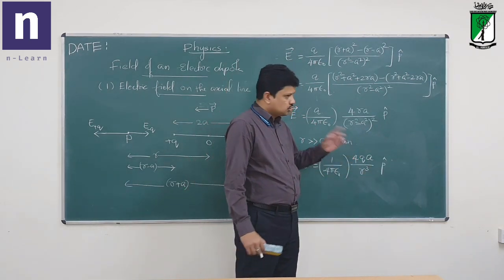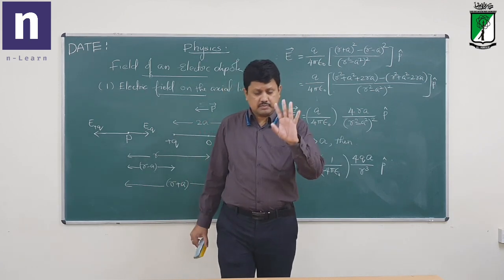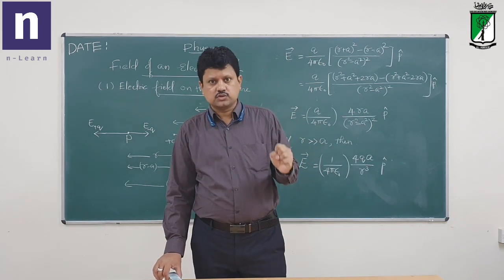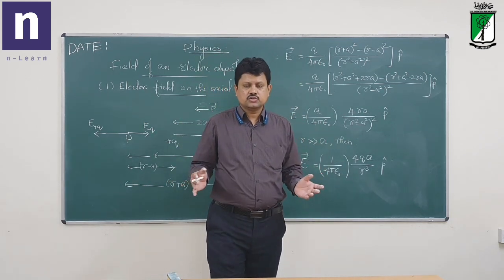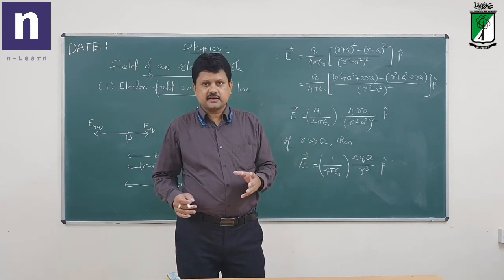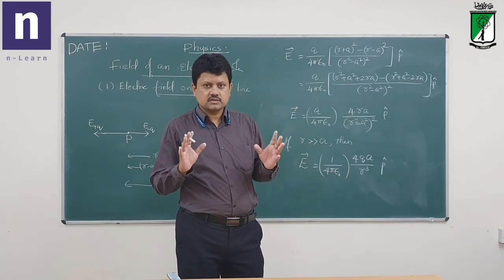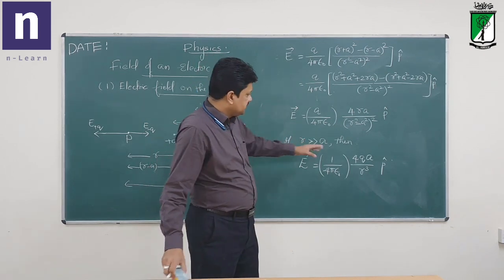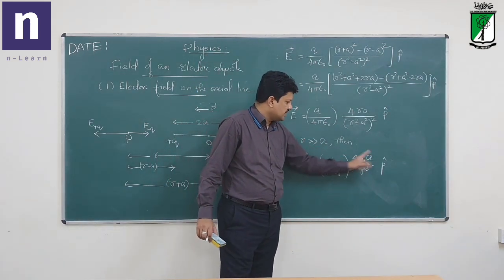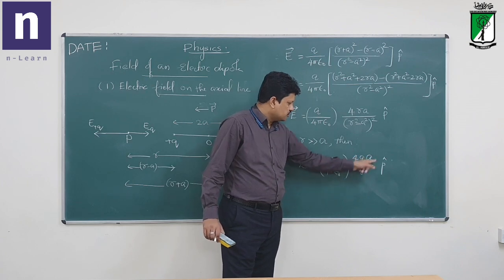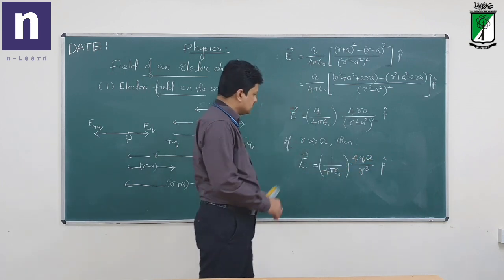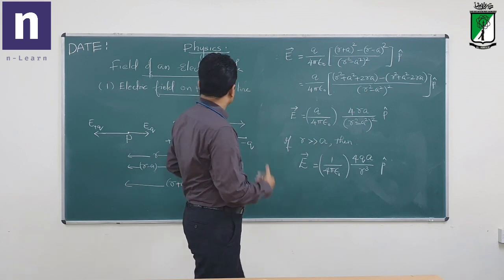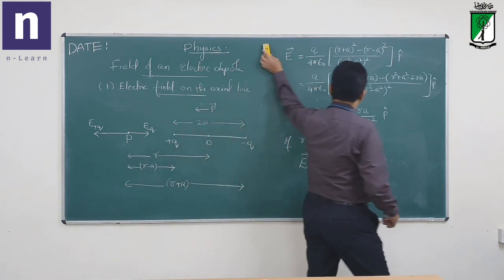Dipole moment p is 2q into a, that is the magnitude of one of the charges q into the length of the dipole 2a. So 2 into qa is the dipole moment, denoted by capital P. So capital P I will substitute here for 2qa. So 4qa is nothing but 2 into the dipole moment, that is 2p. So let me just put that here.